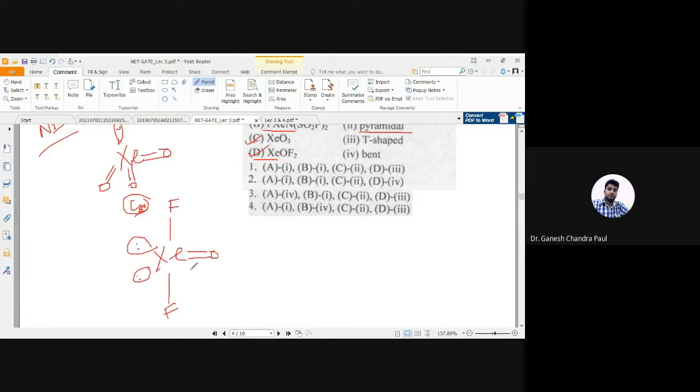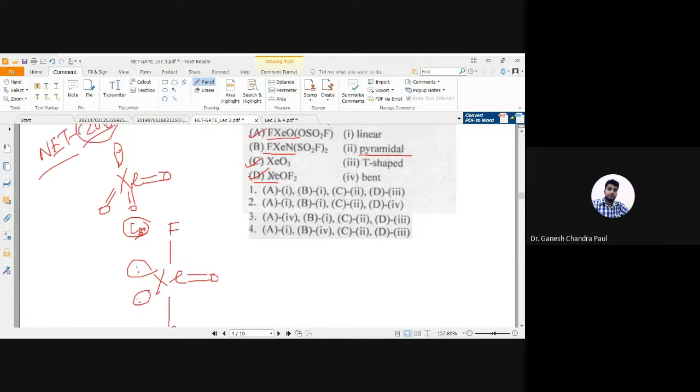So this is the structure, and you can see here option D also correlates with option number 3. So now you just cross out option number 2, and option 3 is given everywhere, and D is given 1, 3 and 4.